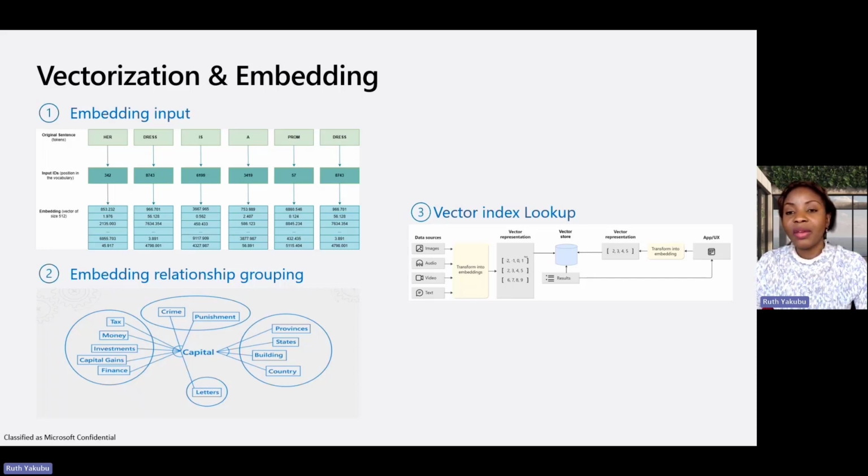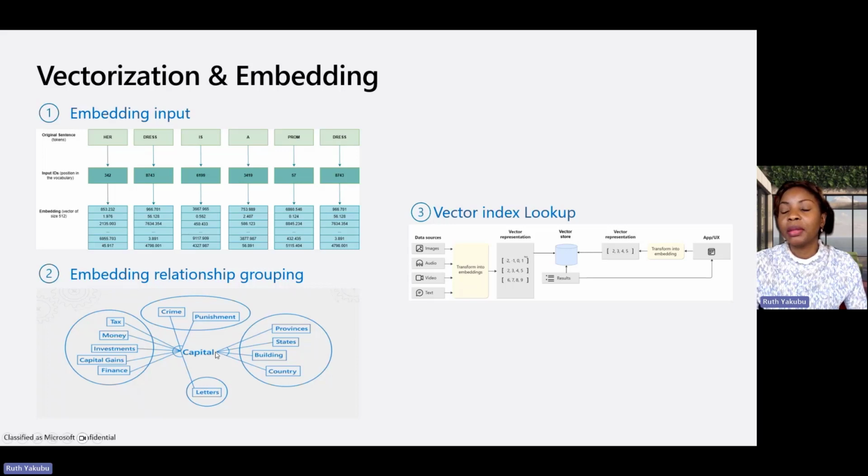So if you look at one vector, the vector will contain numeric representations of different texts, but the common denominator is they all have a meaning and they all have some kind of relationship and similarity in the grouping.